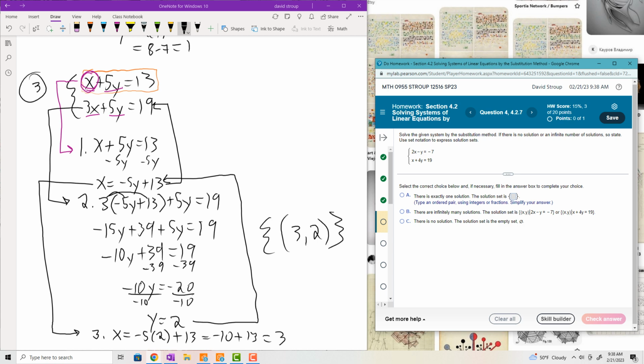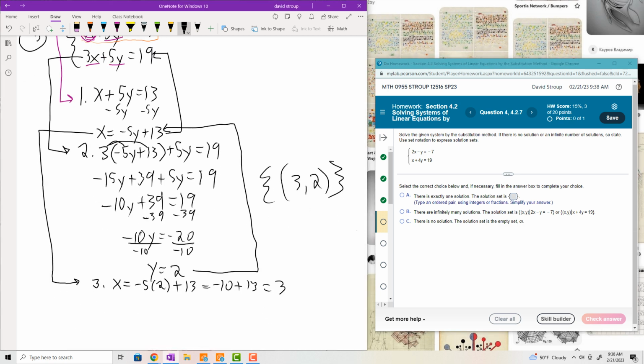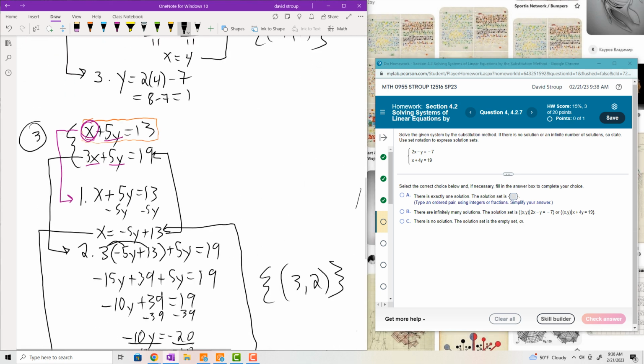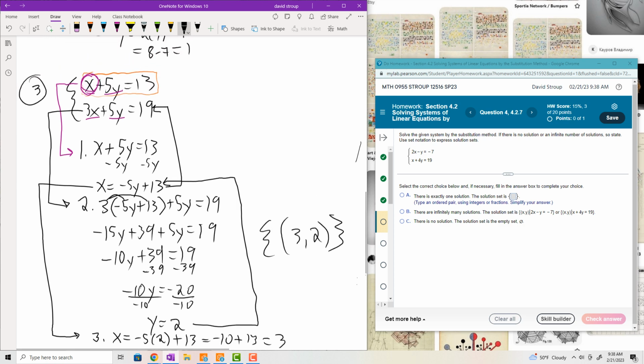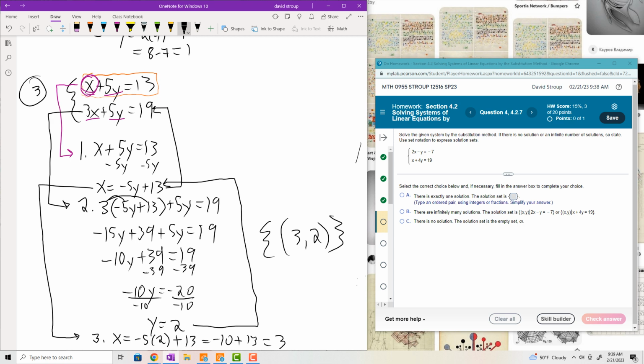Okay, so no big deal. One small note is for that last part, step 3, you could take this y coordinate and plug it into any of the original equations.